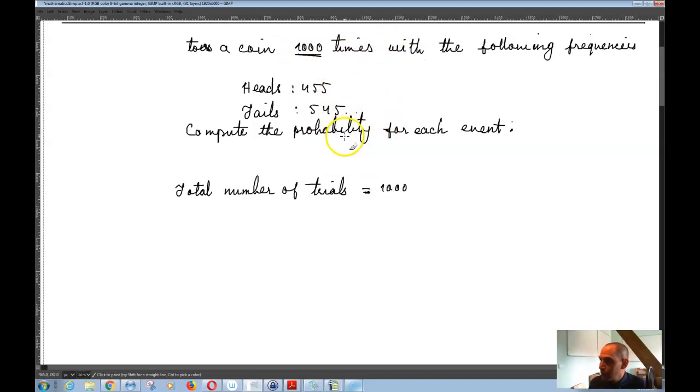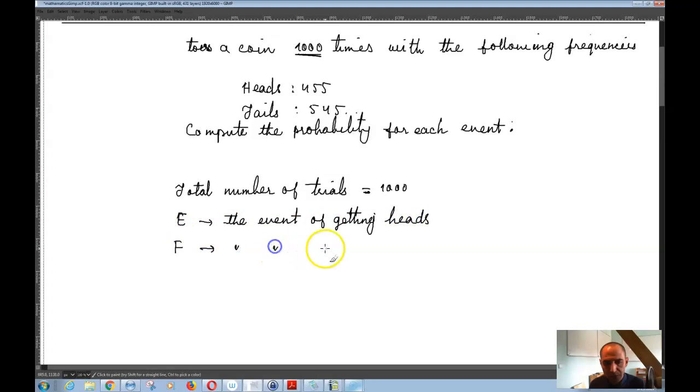Now let's call the events of getting a head and getting a tail E and F. So E would be the event of getting heads, and F I call the event of getting tails, right?